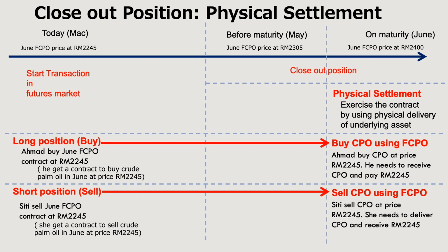So how to exercise the contract? CT need to sell crude palm oil using crude palm oil futures. So in this case, CT need to sell physical crude palm oil at price RM2245. So when it comes to June, CT need to deliver the crude palm oil and CT will receive a payment worth RM2245. So that is physical settlement.